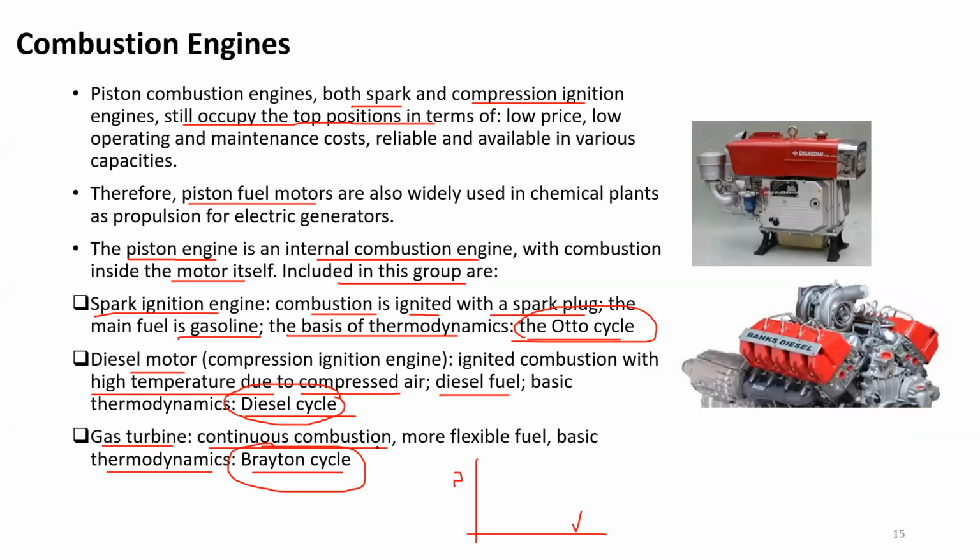How about the Brayton cycle? You explained the Otto and Diesel, and how about the Brayton cycle? Yes, correct. The Otto cycle we call isochoric, while the Diesel cycle is isobaric, especially in the second stage, when you input the heat.